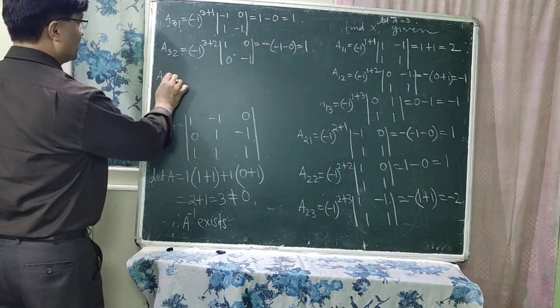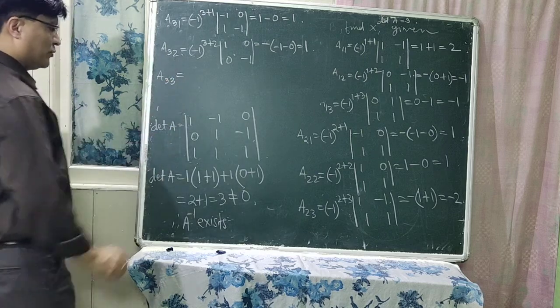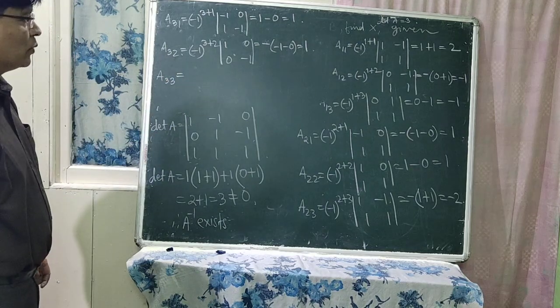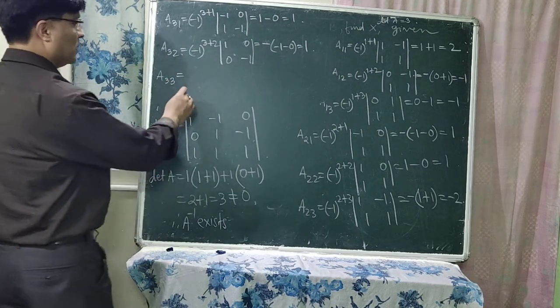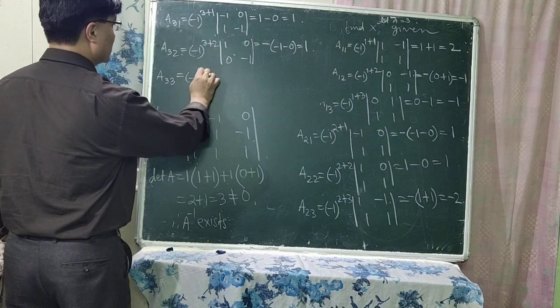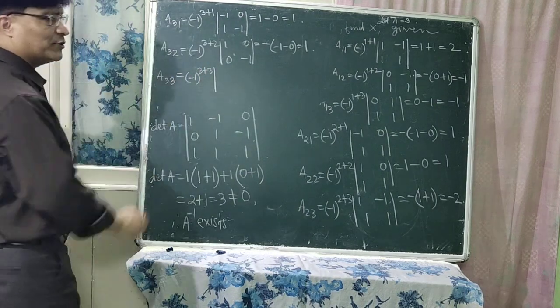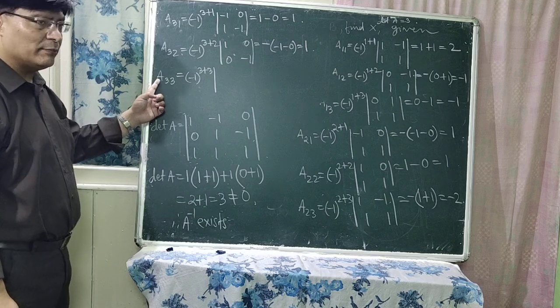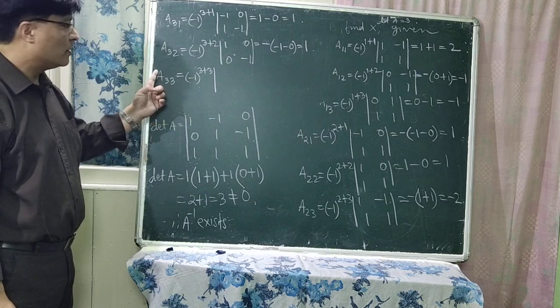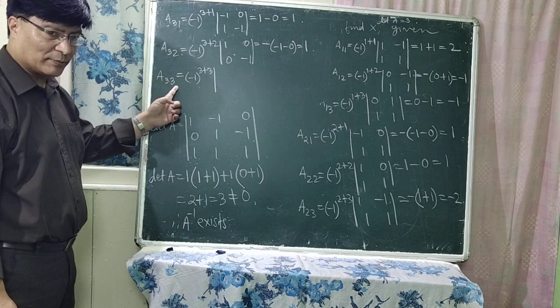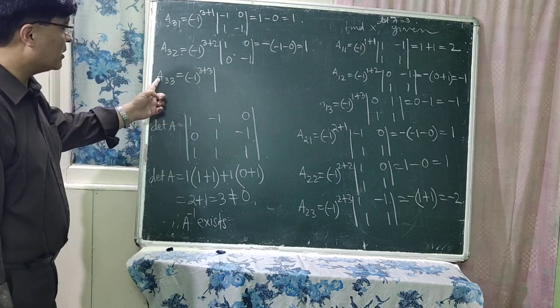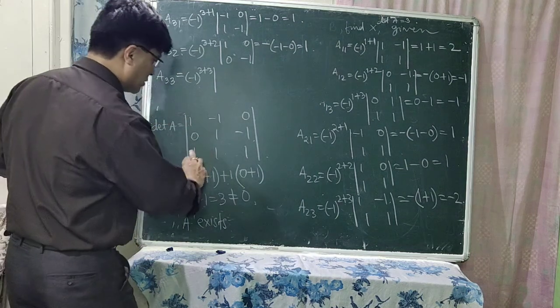Next one is A33. So A33 is equal to, what is it? It is minus 1 to the power 3 plus 3. Now what is A33 here? The cofactor of the element belonging to the third row and third column. So which is the element here? This is third row and third column.